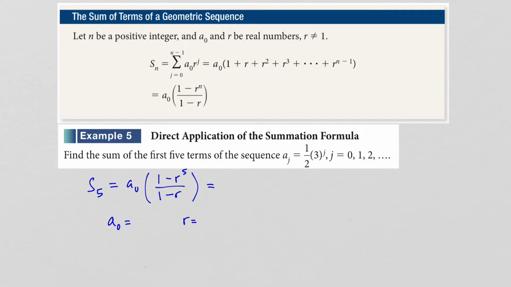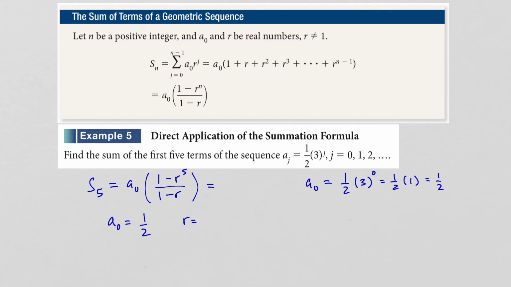Well, the first term is the term that you get from your formula here when j equals 0. Right? So a naught is going to be 1/2 times 3 to the 0. This is 1/2 times 3 to the 0 is 1, and 1/2 times 1 is 1/2. So a naught is 1/2.